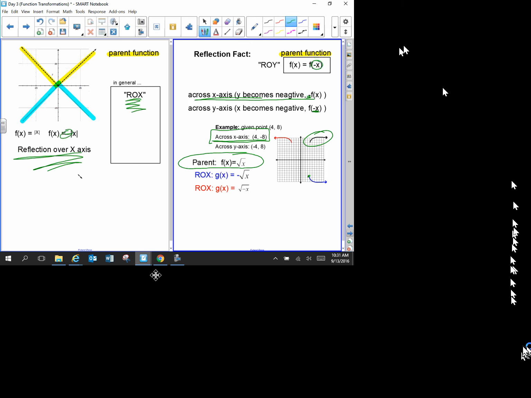That one right there is a reflection across the x-axis. The red one is a reflection across the y-axis. I negated just the x component itself.